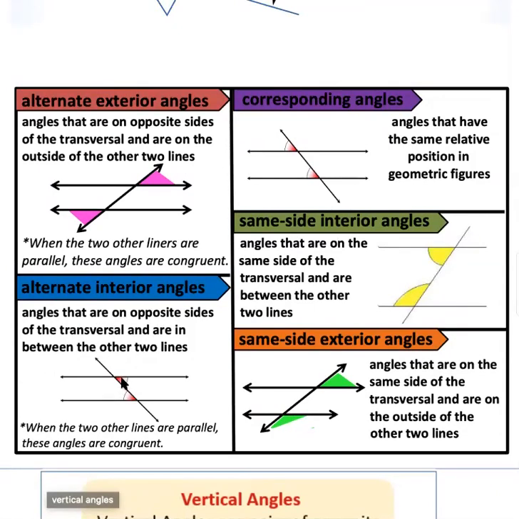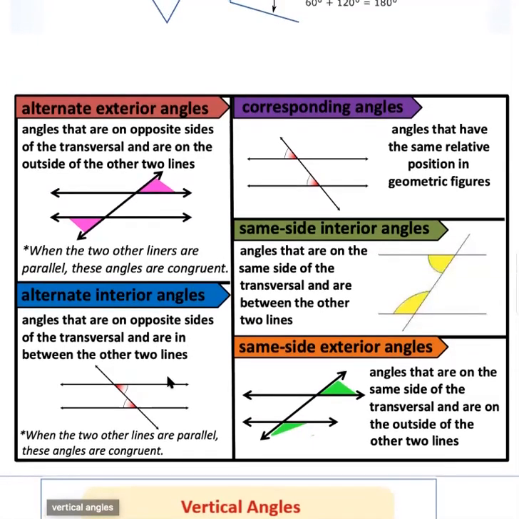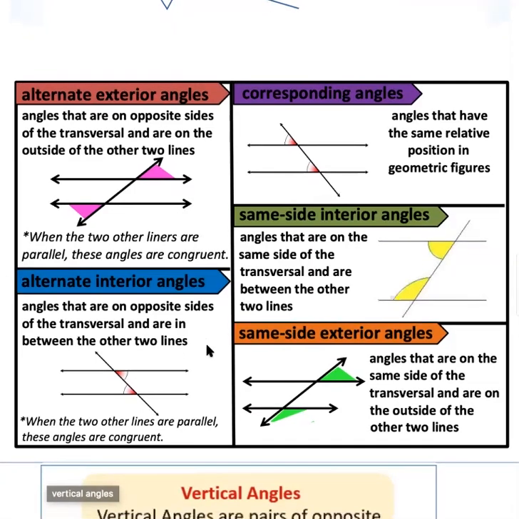So the inside of this line there, and the other, these are the two red points I'm talking about. When the two other lines are parallel, then these angles are congruent. These lines are not parallel, so if they're going to hit at some point, then those would not be congruent in that case.